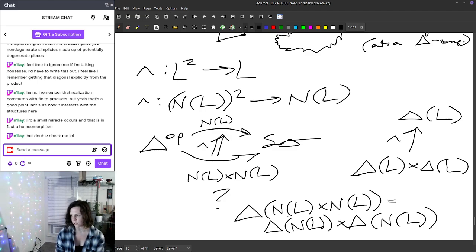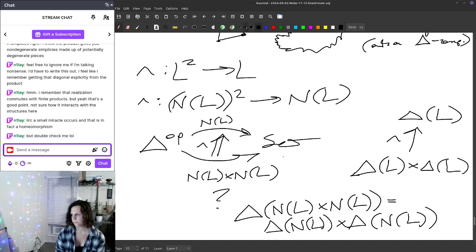But then the question is, what is this? Because if there's not a natural way of defining the meet on this from the lattice L, then, oh yeah, because I guess it's the nerve construction.